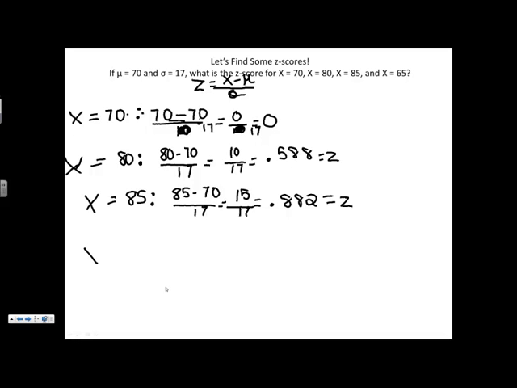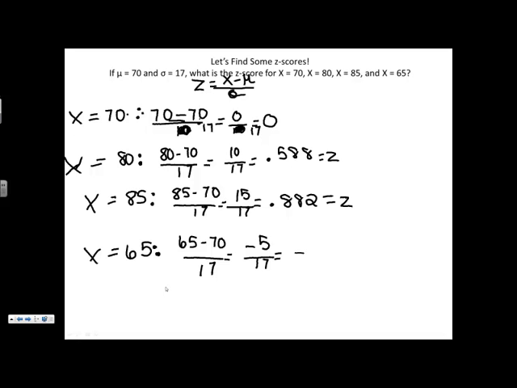And then the last one, when x is equal to 65, 65 minus 70 divided by the standard deviation of 17. So 65 minus 70, negative 5, divided by 17.